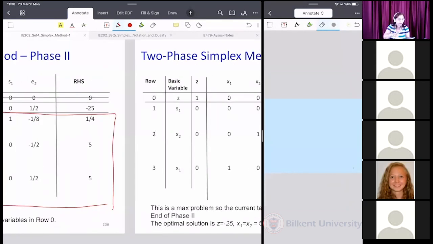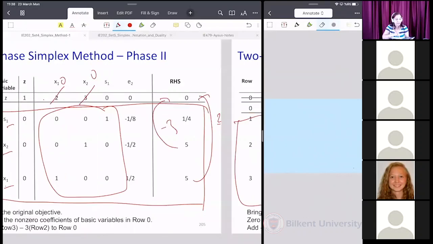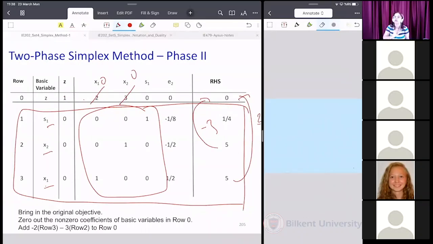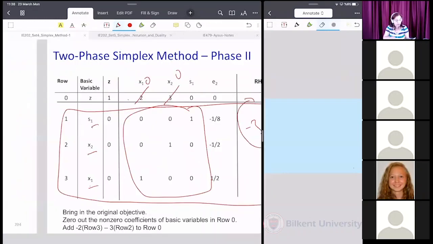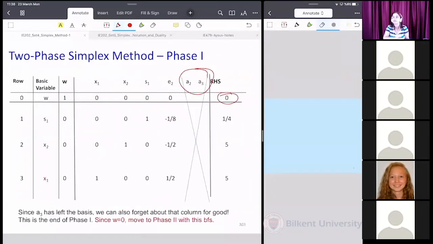In this example, this is the table where phase one stopped. Every artificial is out of the basis. My objective function is 0. Phase one has fulfilled its duties. The artificials are out. Now the problem says, continue to phase two, because this is 0. If this was not 0, we will discuss what the problem was.